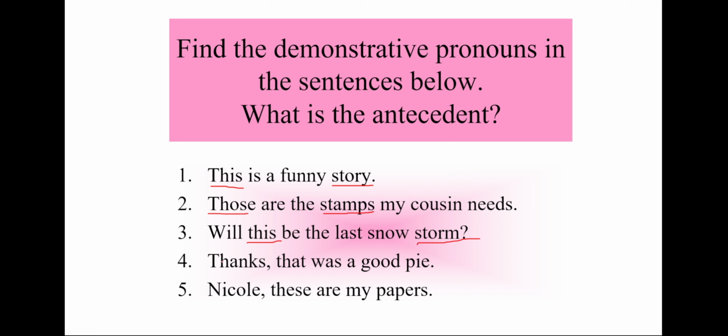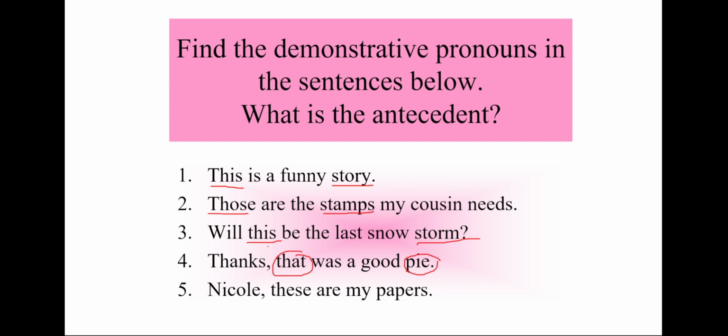Okay, number four: "Thanks, that was a good pie." What is the demonstrative pronoun in this sentence? We have "that." "That" here is a demonstrative pronoun, and the antecedent is pie.